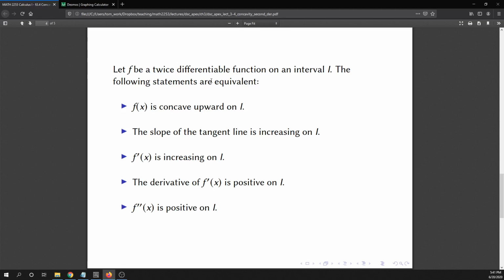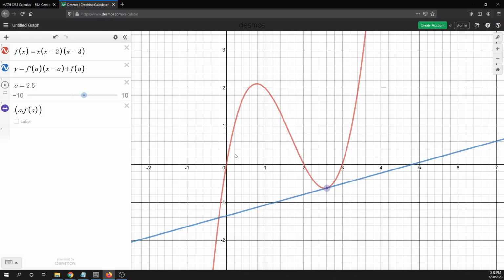So if I have a function f that is twice differentiable in the interval I, then these statements are going to be equivalent. So first is f is concave up on I. And so the key to understanding this is to notice, if we go back over here and look, we're concave up on this side of the graph.